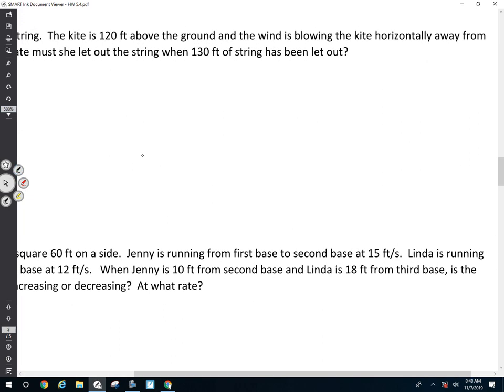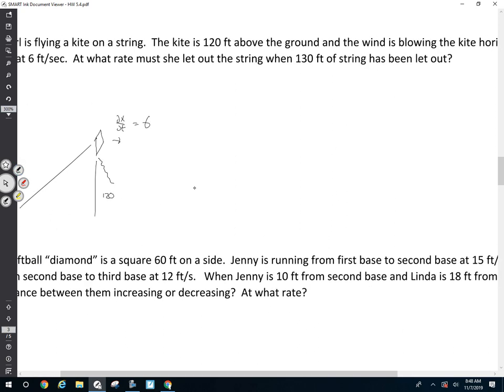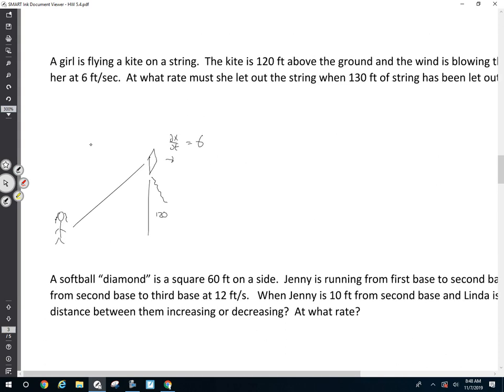The wind is blowing the kite horizontally away from her at 6 feet per second. At what rate must she let out the string when 130 feet of string has been let out? So at what rate is D changing when D is 130?